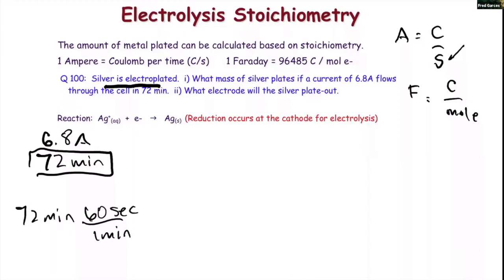So 72 minutes is equal to, let me take my calculator out, 432 seconds. Okay. Yeah, 432 seconds. Actually, 4,320 seconds. I'm off by a factor of 10.